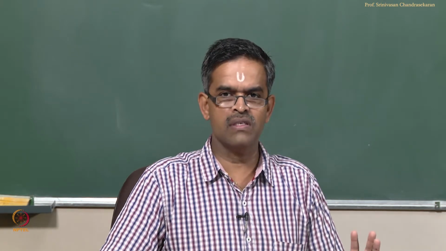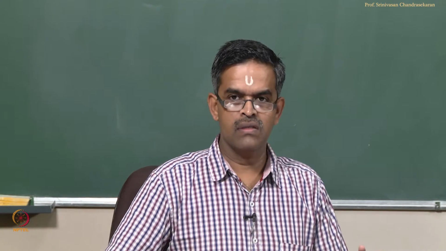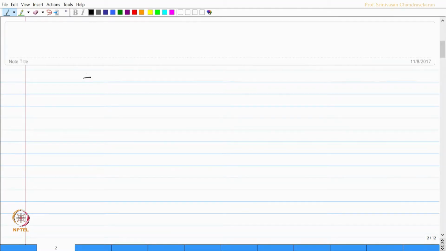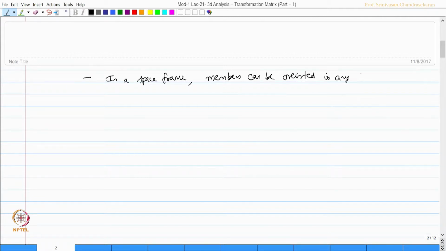Now, the first question comes, why is the transformation matrix important? Very simple reason, we all know that in a space frame, members can be oriented in any fashion.